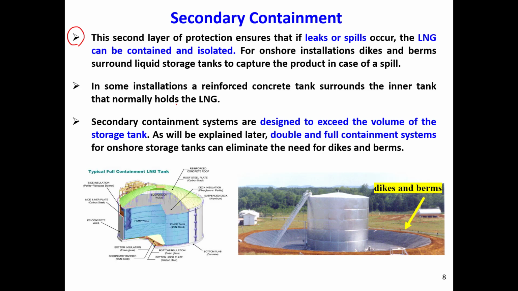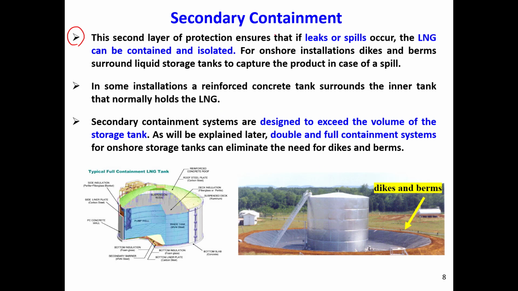First of all, we try our best to design a perfect tank, but the tank can leak or spill for any reason, any damage, any environmental or surrounding condition. So we have to design how to contain or isolate the spill or leak, and this can be done by some isolation.